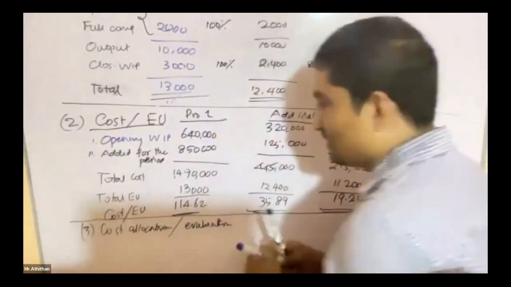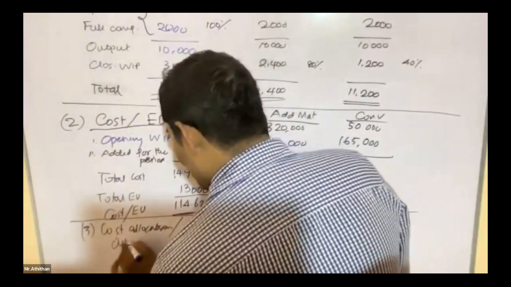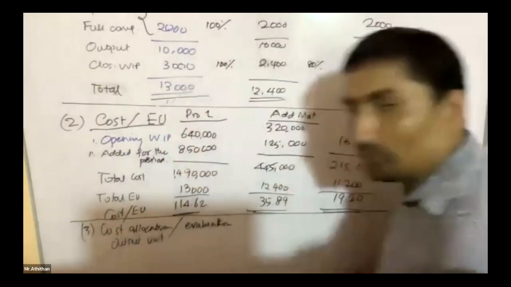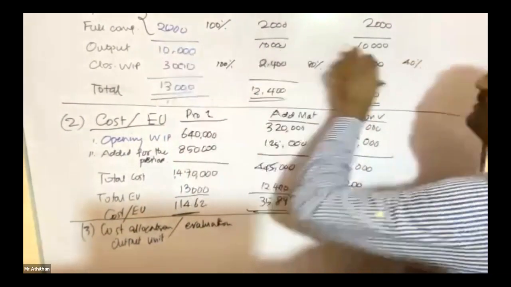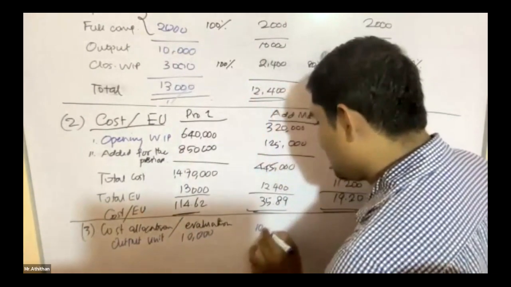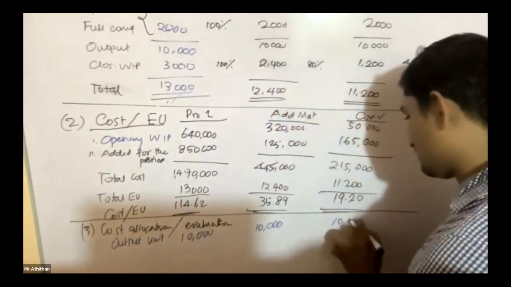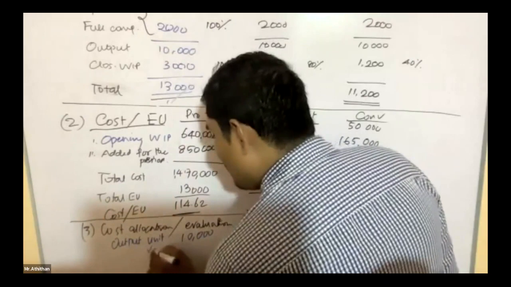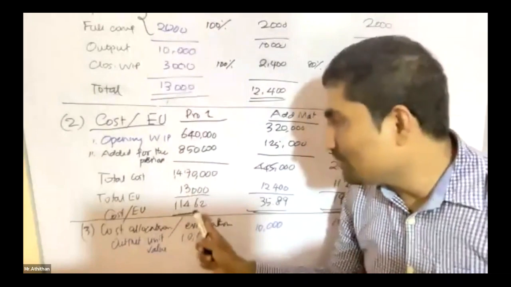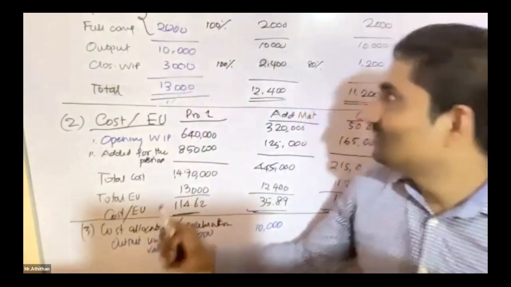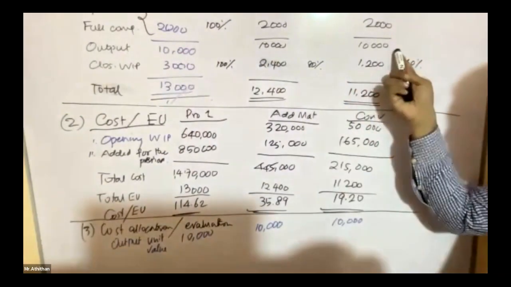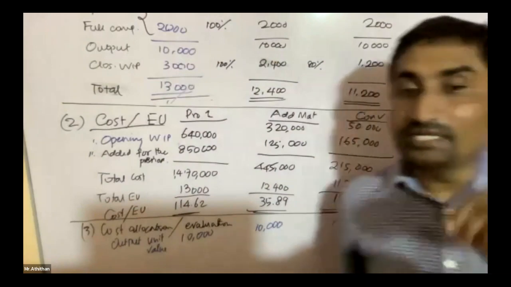Right. So first output unit, 10,000 for every aspect. Output value: 10,000 multiplied by 114.62, 10,000 multiplied by 35.89, 10,000 multiplied by 19.20.